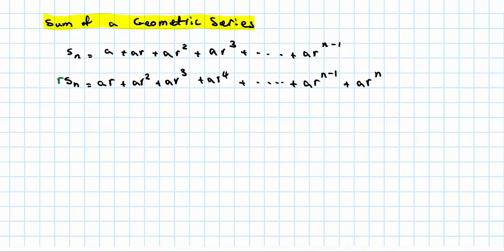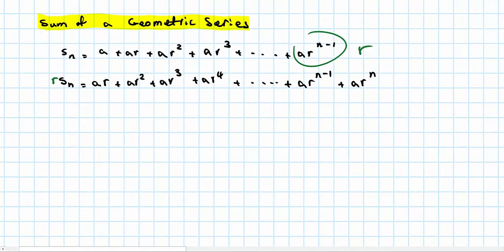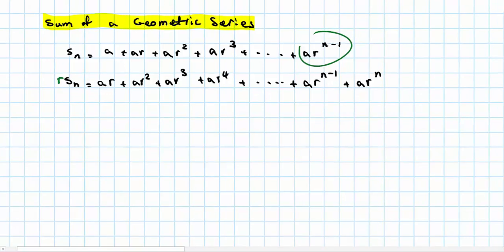Remember, we're multiplying by r, so if I take this term, multiply it by r, I have r to the power of n minus 1 times r to the 1. You add the two powers, it becomes r to the power of n, just by using our index rules.